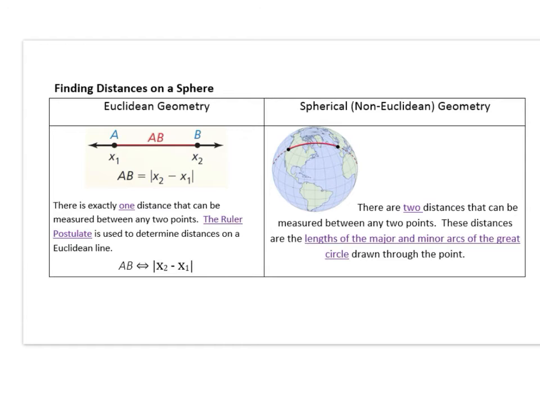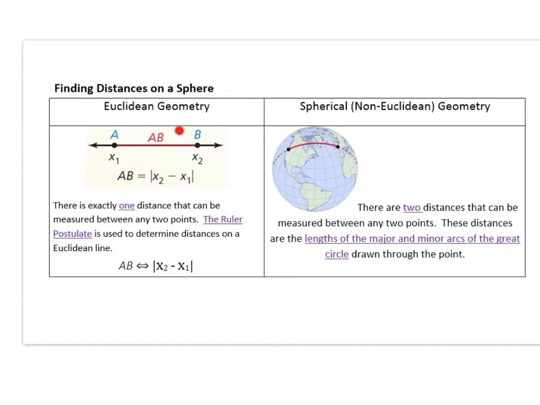All right, let's talk about how to find distances on a sphere. Well, for Euclidean geometry, we learned that there is exactly one distance that can be measured between any 2 points. We use the ruler postulate to determine distances on a Euclidean line. In other words, the distance between any 2 points, in this case A and B, is the absolute value of the difference in their locations on a number line.